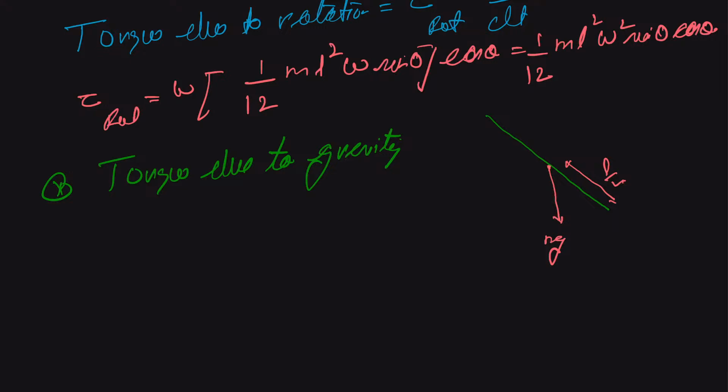We can write this as distance of center of mass is our L by 2. Therefore torque due to this gravity will be equal to mg L by 2 sine of theta.